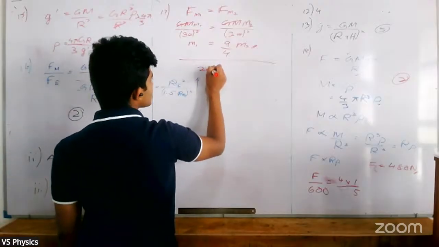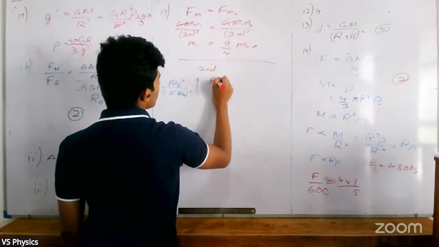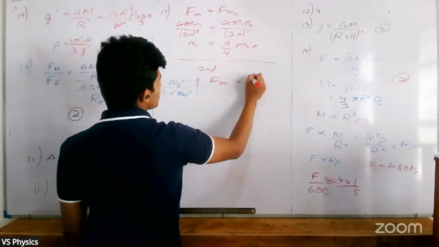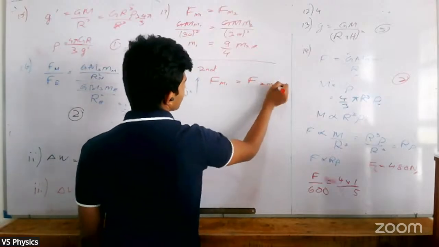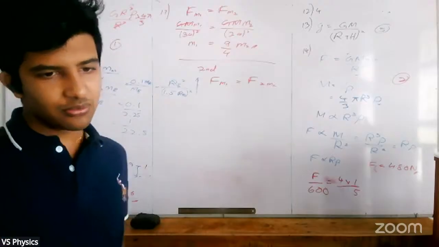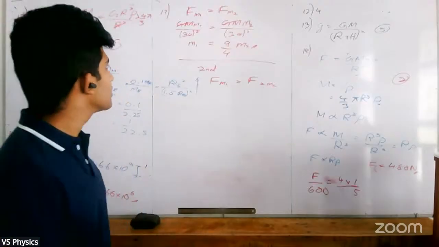In the second instance, force by m1 is equal to force by 2 m2 because we have doubled the m2 mass.